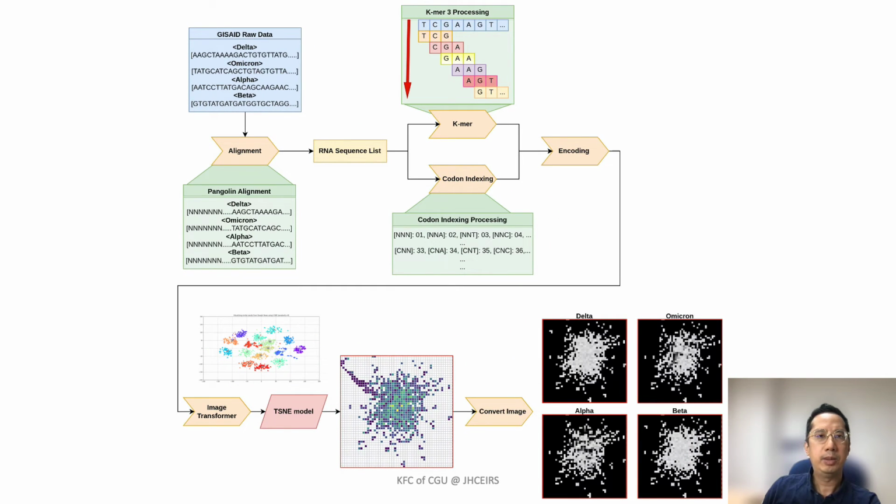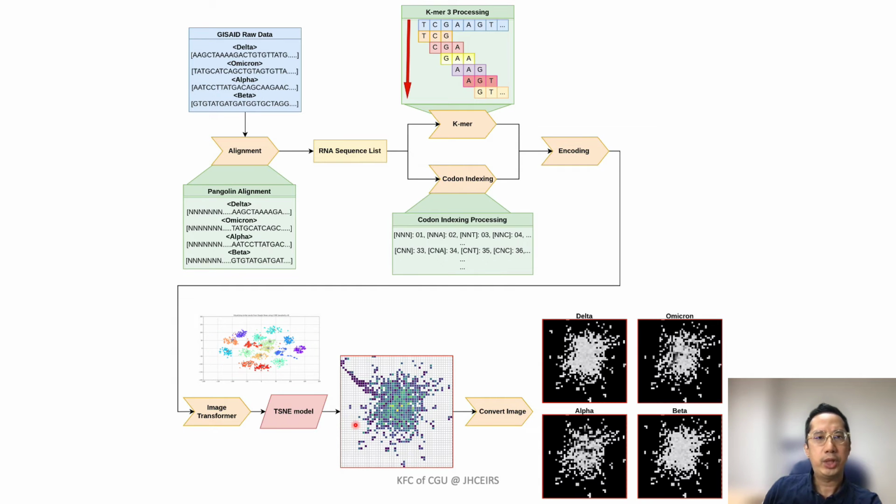Then let's take a deeper look at the procedure. Very similar to our previous algorithm, we first download the data from both databases, and then we try two methods. One is k-mer preprocessing, the other is codon indexing. After encoding, we do the image transformation using the t-SNE method.